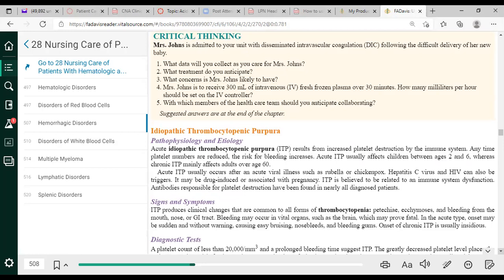So some of the therapeutic measures for idiopathic thrombocytopenic purpura, what do you anticipate the physician will order for this patient? So I have this disease. This disease is causing my platelets to decrease. It's destroying my platelets.